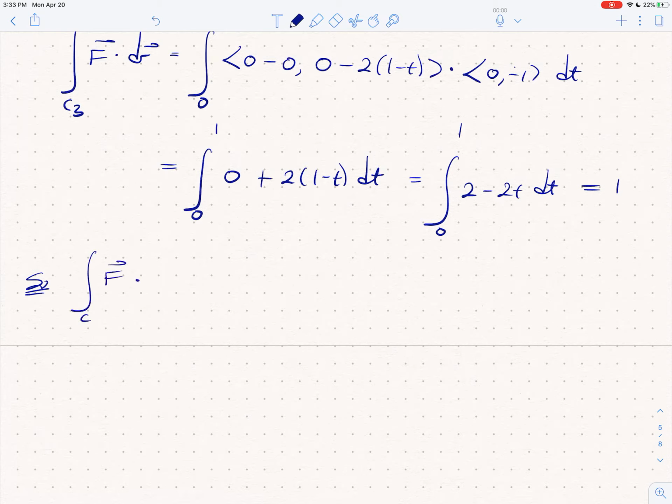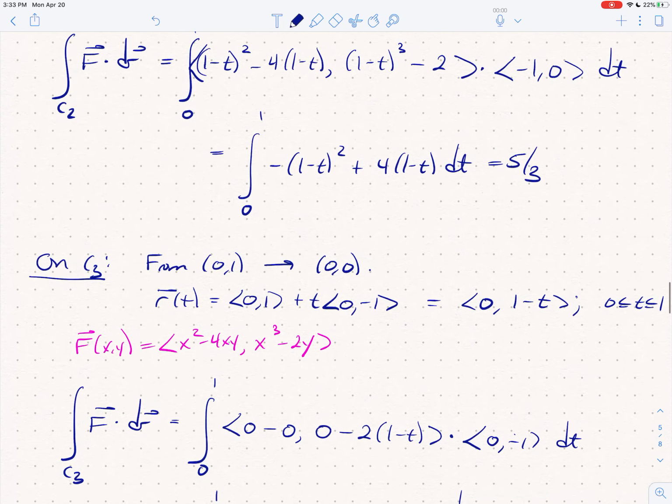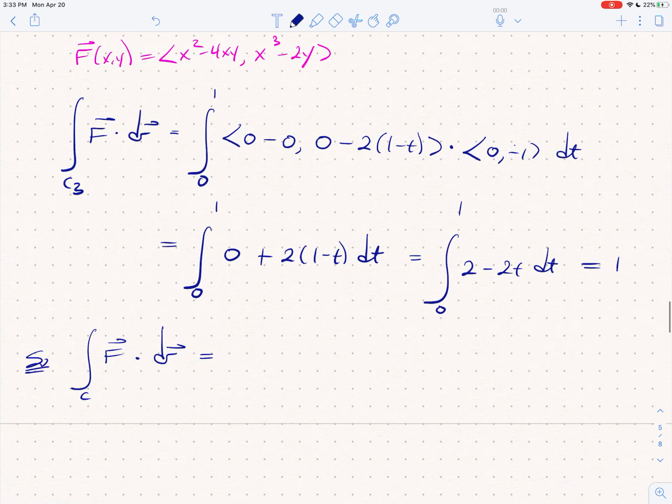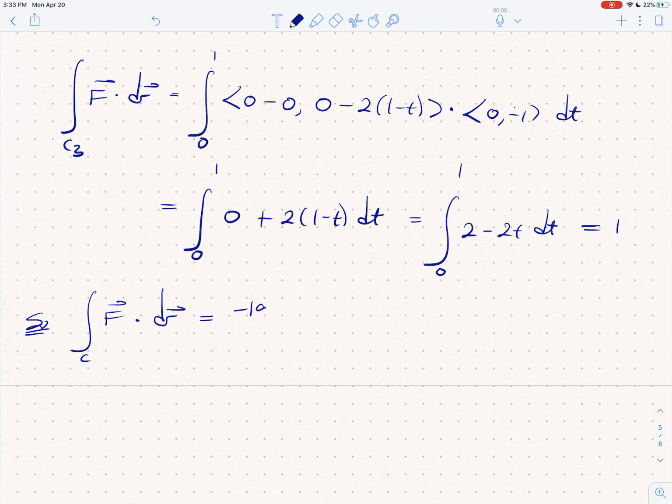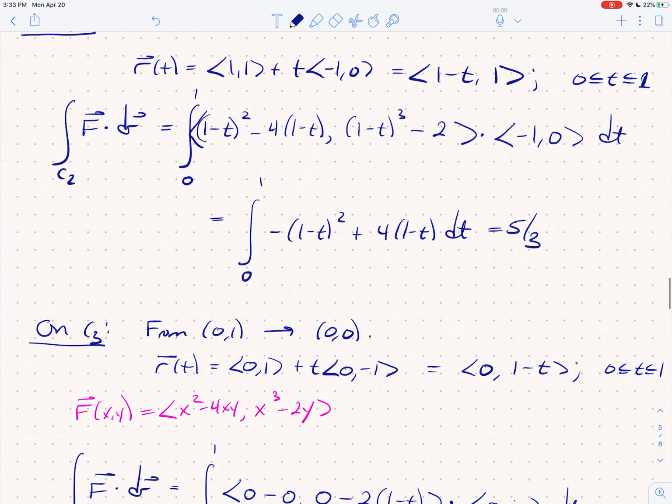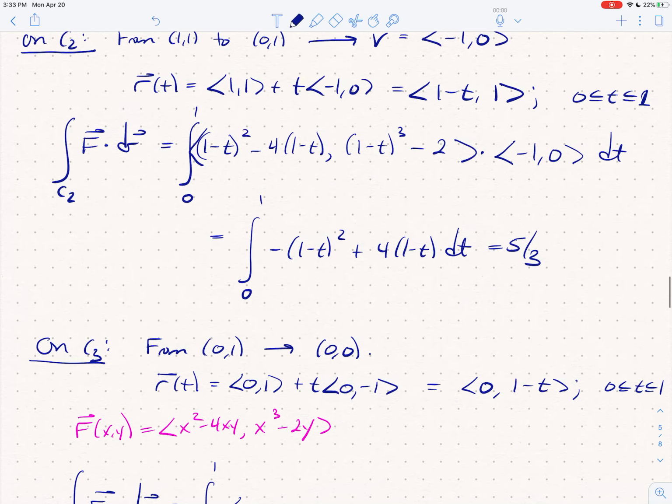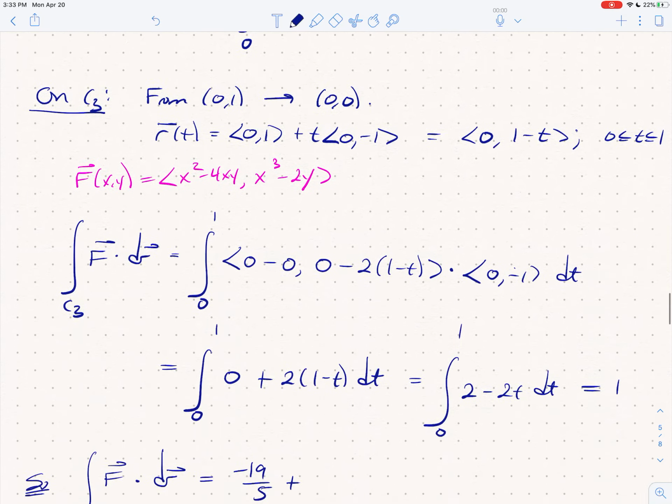The point is the line integral over C of F dot dr is, add them up. So C1, we got negative 19 fifths. C2, we got, let's see here, I have it written as a 5/3. You know what? I got it wrong. It's actually a negative 5/3.